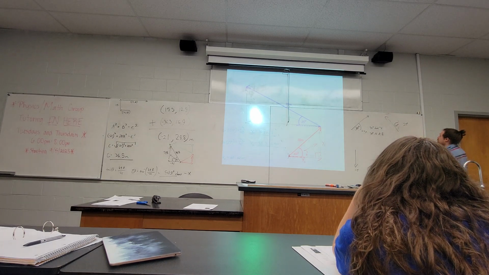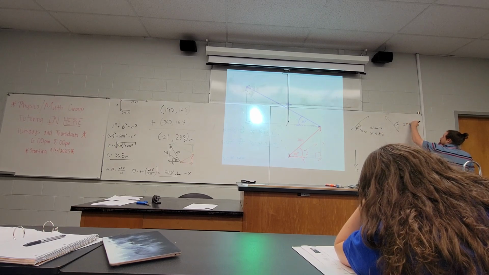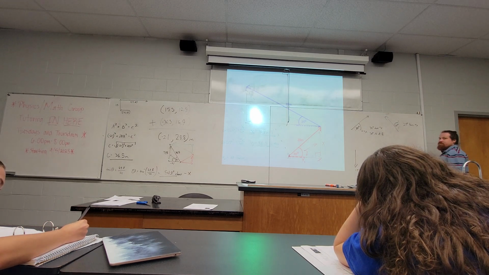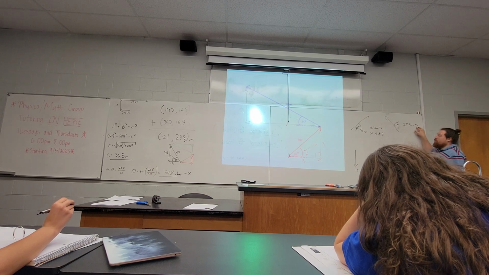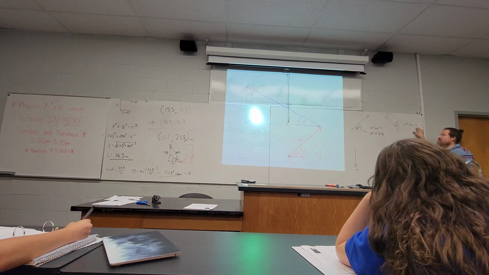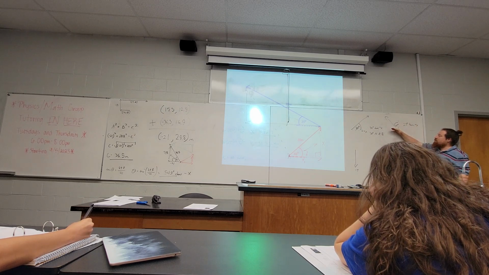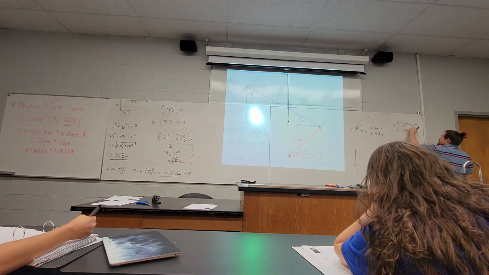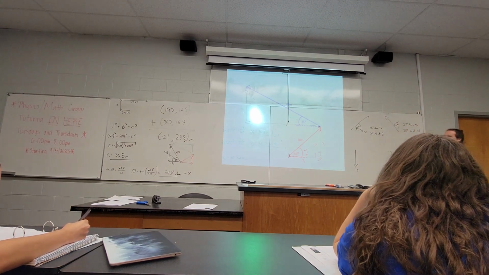So 25 degrees, you could call that counterclockwise from positive y. But if we were using north, south, east, west instead, we're starting from north and tilting where? West. So you can alternatively say 25 degrees west of north.